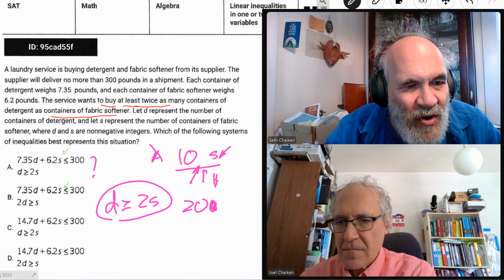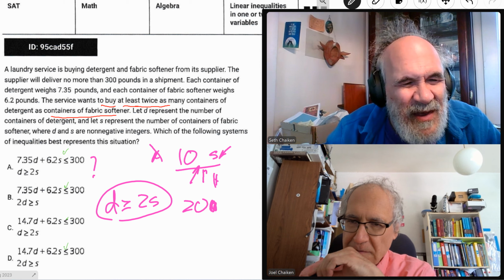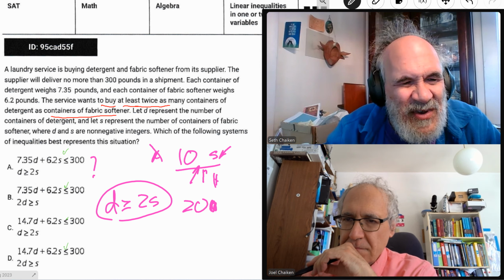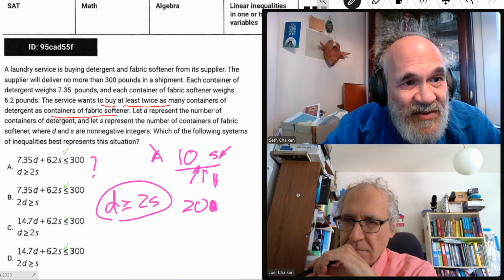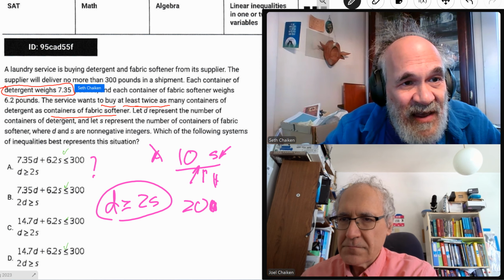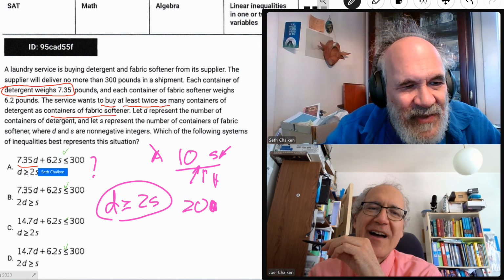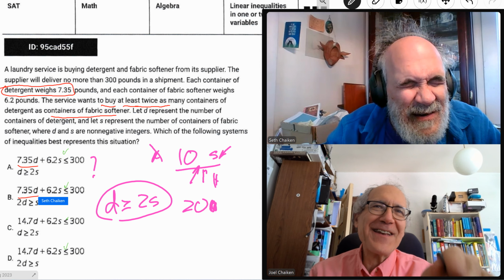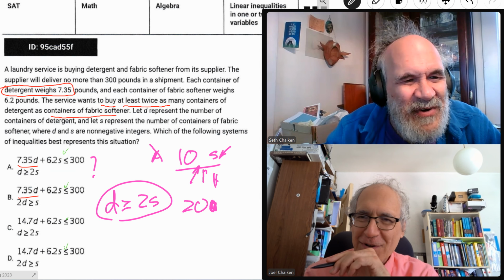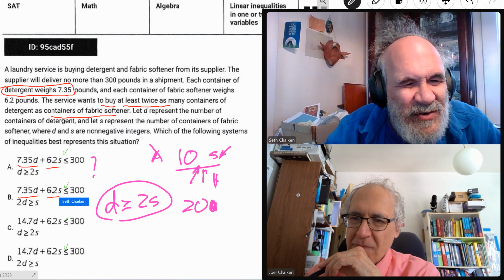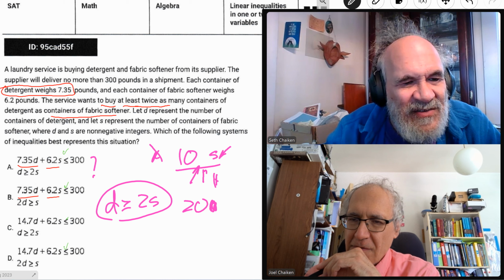Each has a unit weight times D and S. Each detergent container weighs 7.35 pounds, plus 6.2 times the number of softeners.